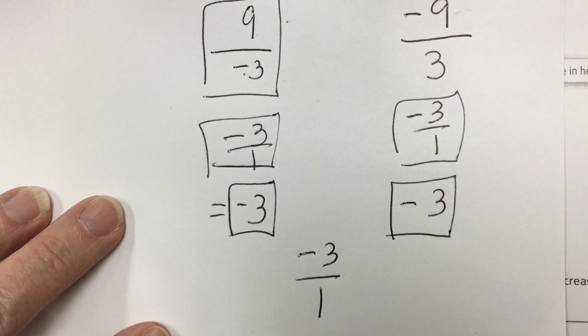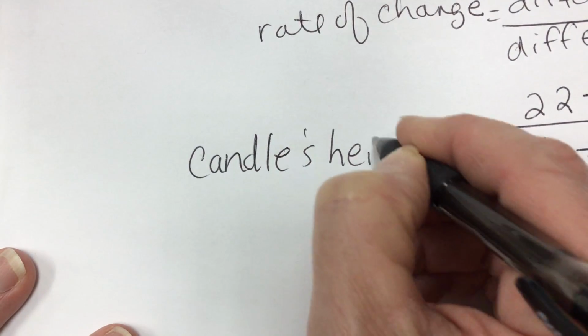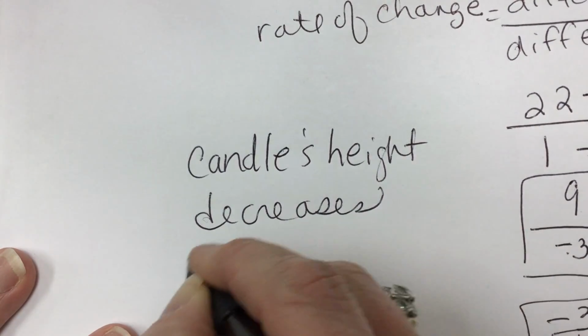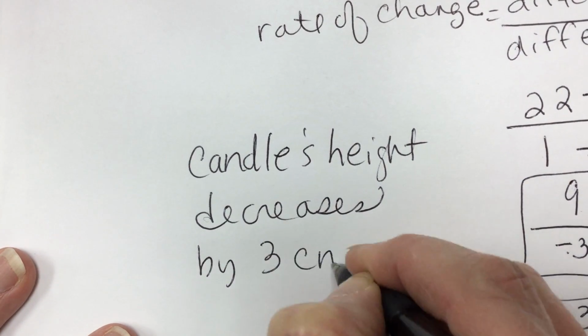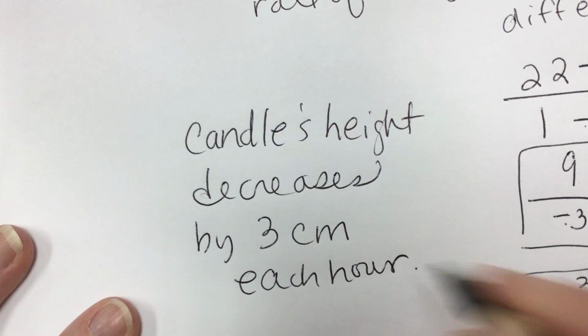This means that the candle's height decreases by 3 centimeters per hour. So I want to write that out for you. That means that the candle's height decreases by 3 centimeters each hour.